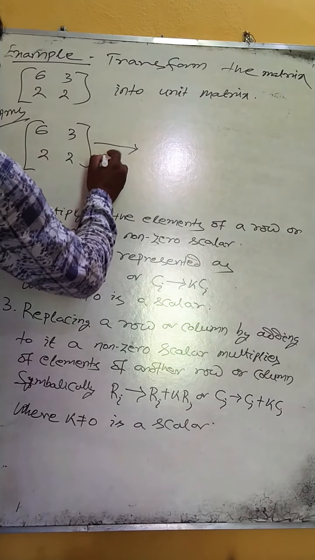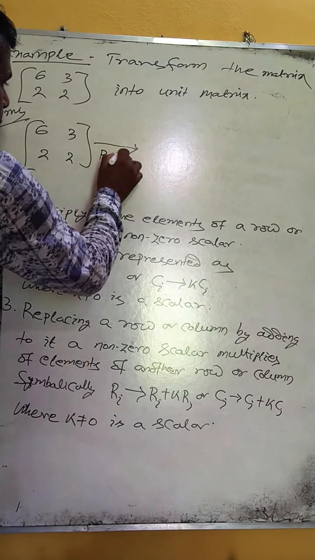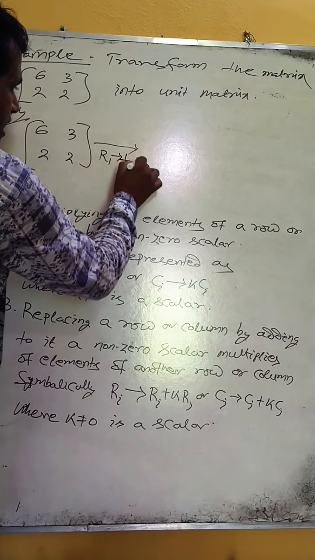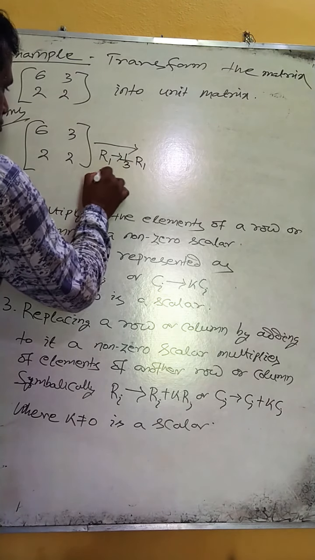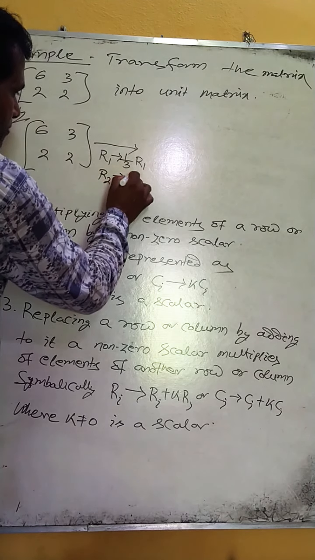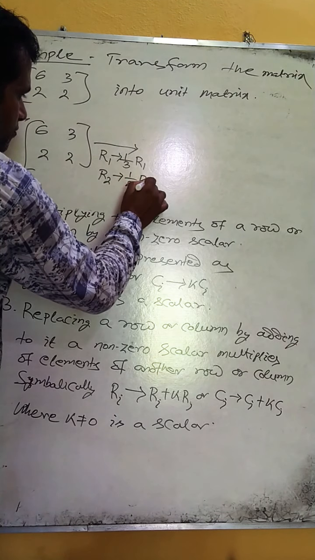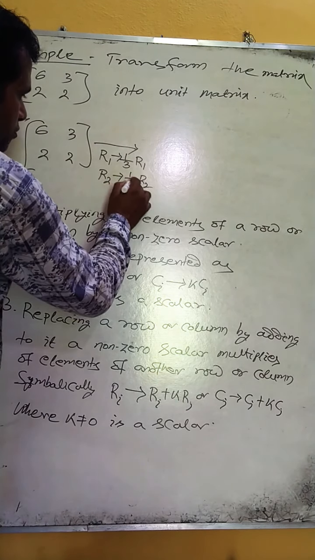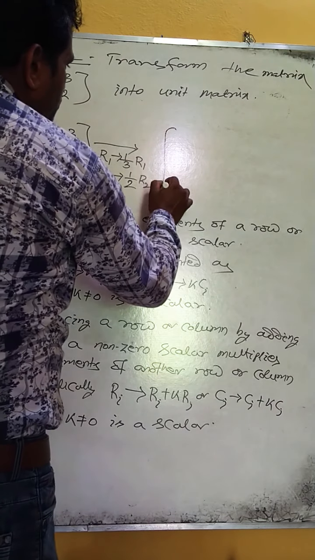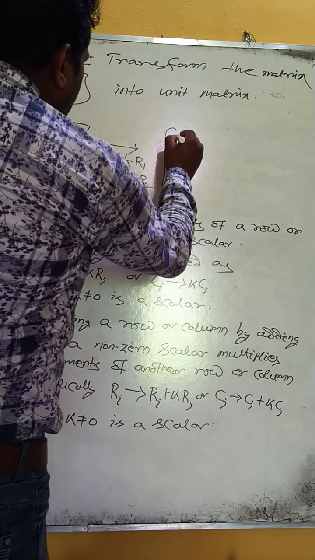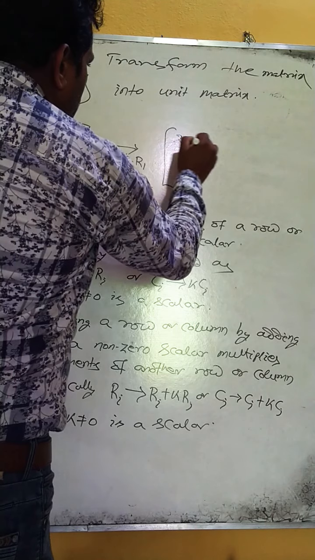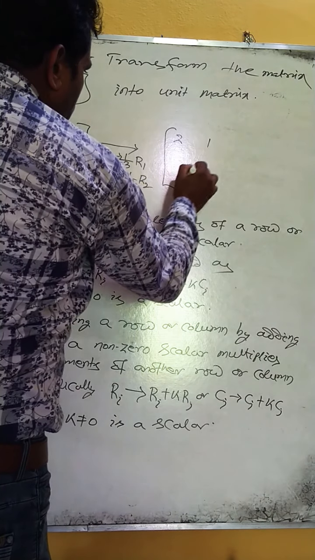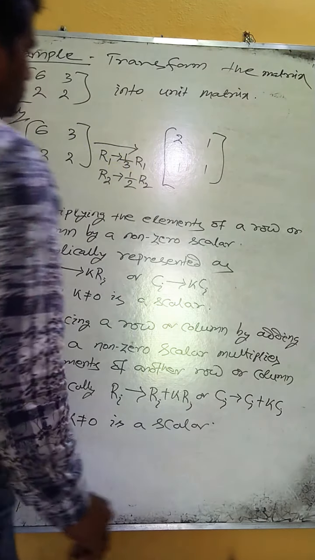Then we write R1 becomes 1/3 R1, R2 becomes 1/2 R2. So finally we get the matrix [2 1; 1 1].